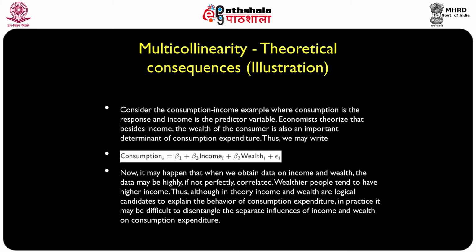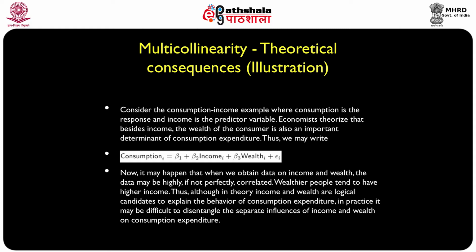Economists believe that besides income, the wealth of the consumer is also an important explanatory variable to determine the consumption expenditure of an individual. Thus, using wealth and income as explanatory variables, we can write the regression model as consumption expenditure equals beta 1 plus beta 2 income plus beta 3 wealth plus epsilon i, where beta 1, beta 2 and beta 3 are the three regression coefficients.